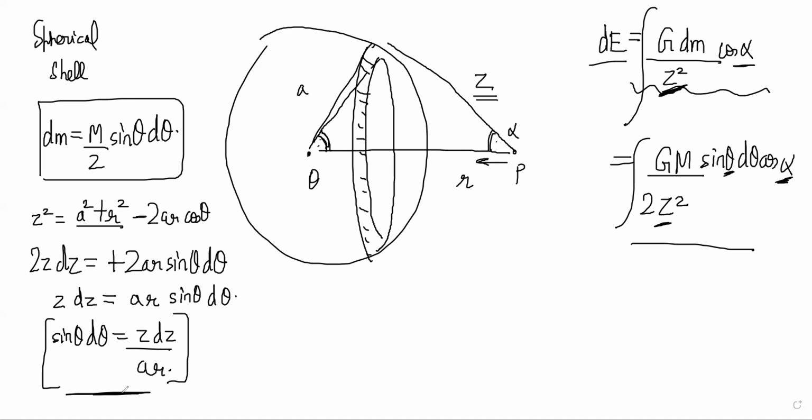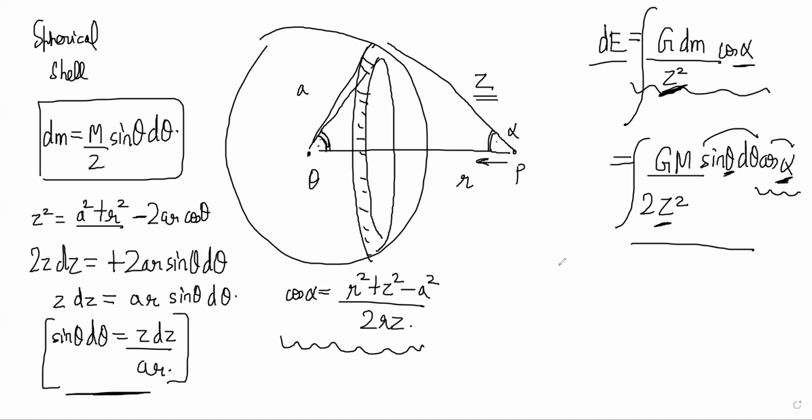However, we are still stuck with the alpha, but cos alpha is not difficult because again I use the cosine rule. According to the cosine rule, cos alpha will be r square plus z square minus a square by 2rz. So now I can replace sine theta d theta and also cos alpha.